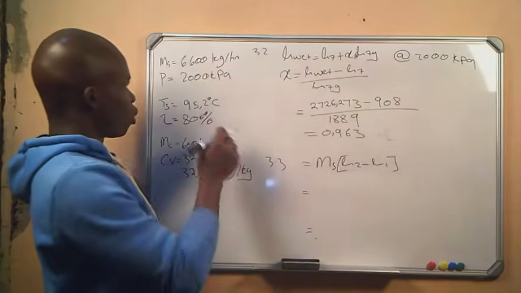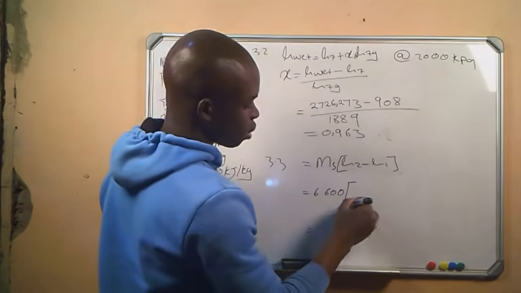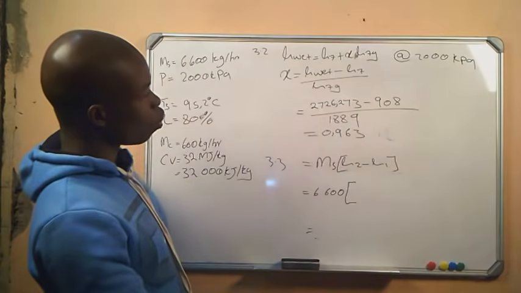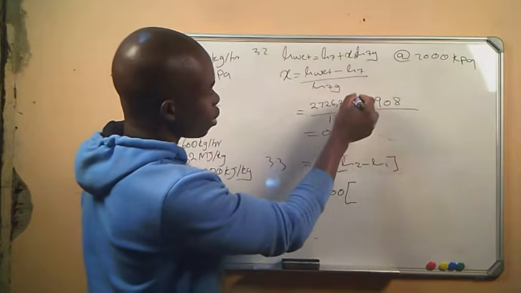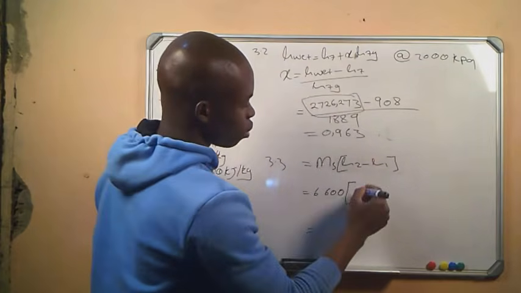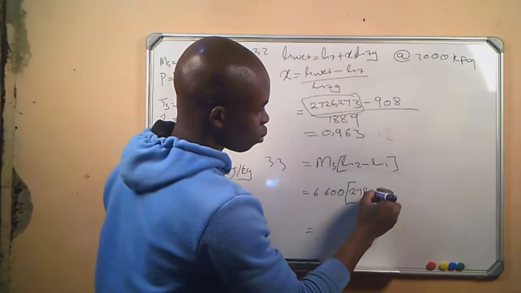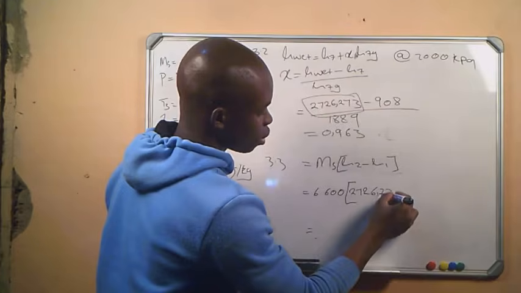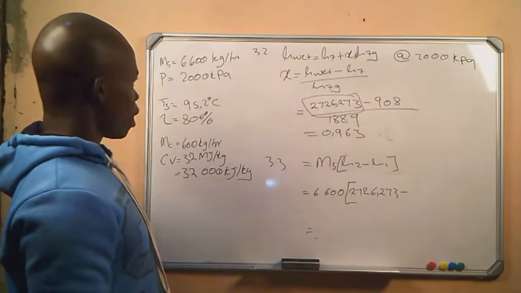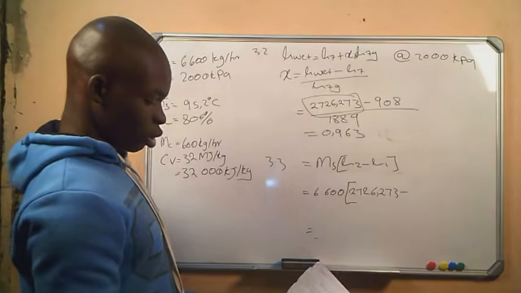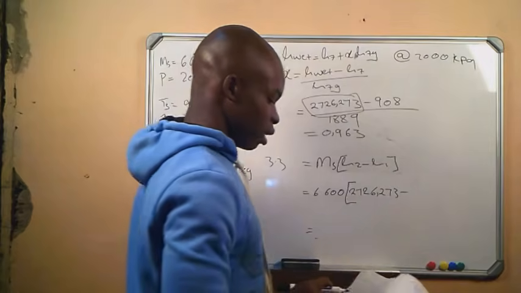Mass of steam, we know that is 6,600, times H2, which is the H wet, we know that it is 2,726.273 minus our H1, which we got as 399, if I am not mistaken.